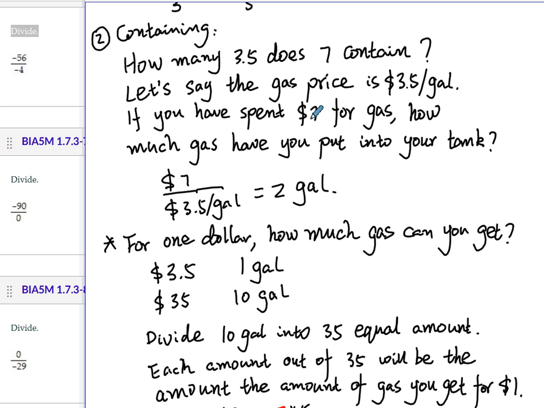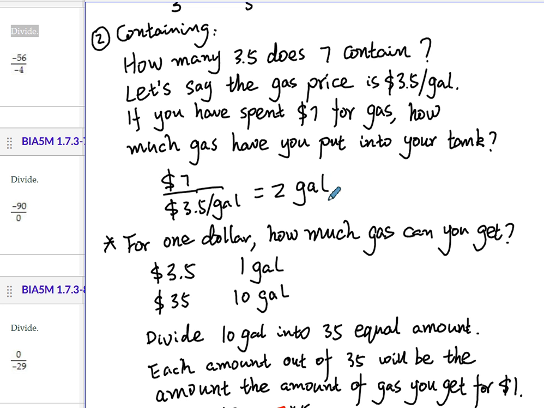If you spend $7 for gas, how much gas have you actually put into your tank? Of course, you spend $7, and you know the gas price is $3.5 per gallon. So you use 7 divided by 3.5, which is 2 gallons.